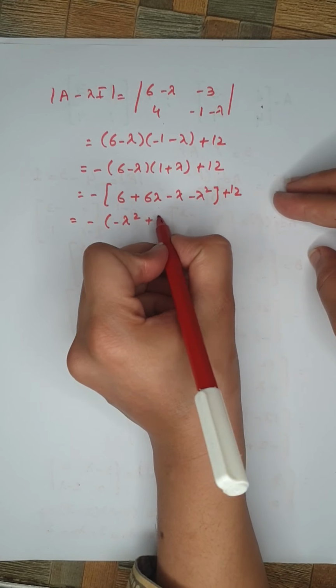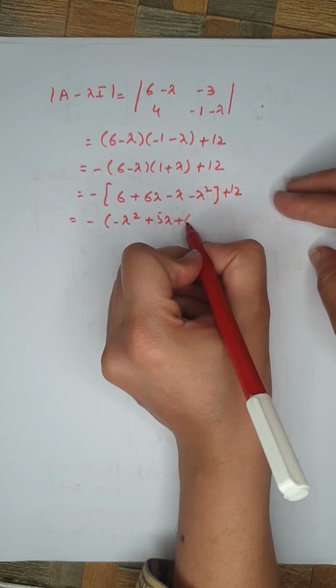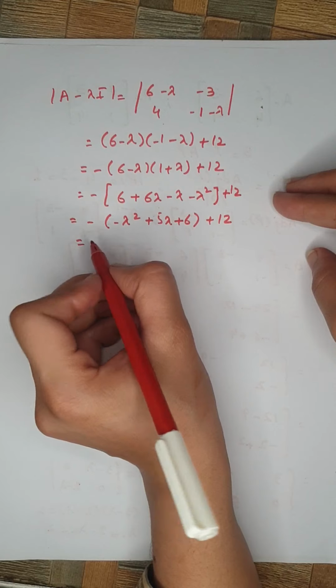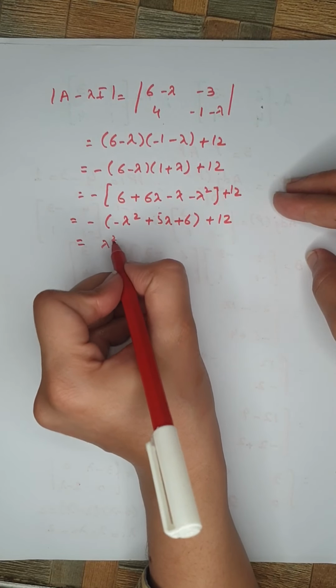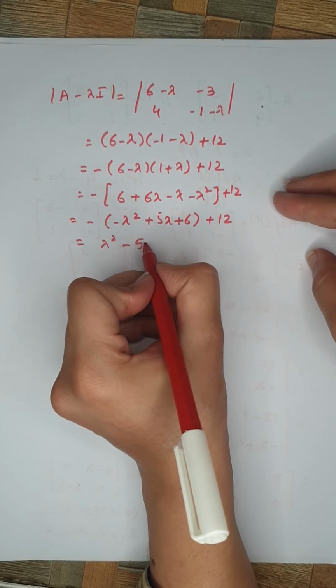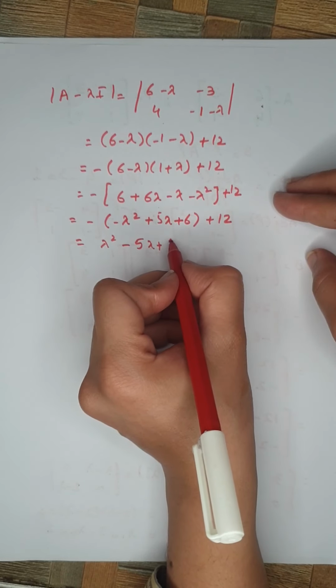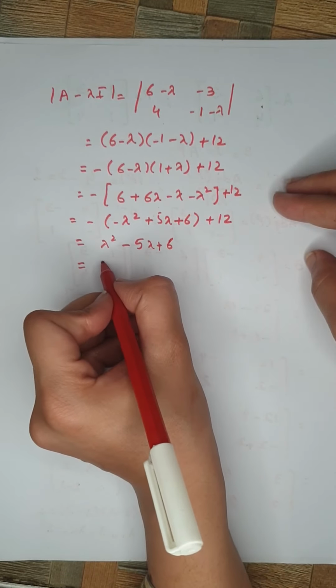Minus lambda square plus 5 lambda plus 6 plus 12, and then just multiply this minus. I will get lambda square minus 5 lambda minus 6 and plus 12, so plus 6. Let's just find out the roots.